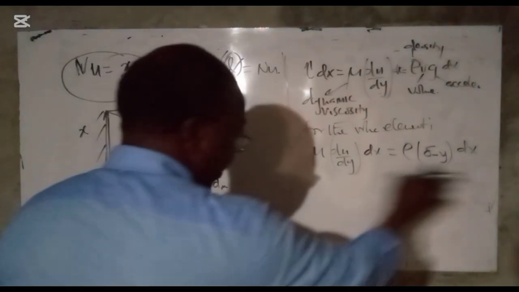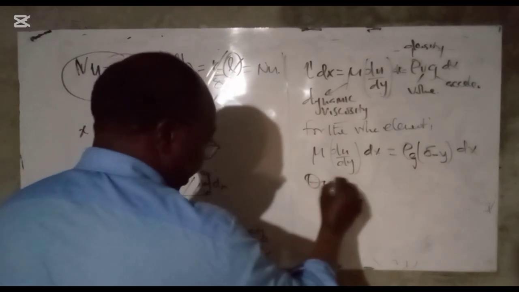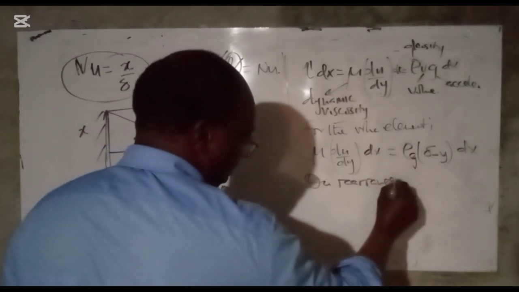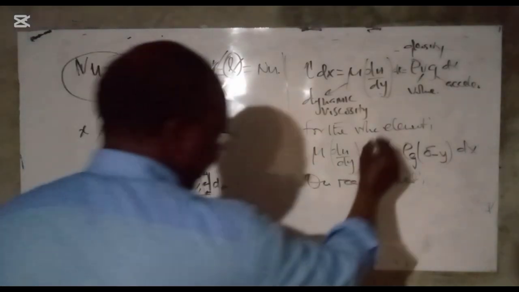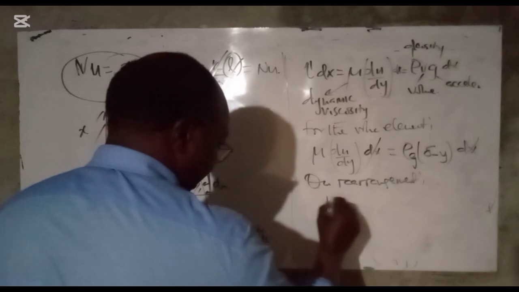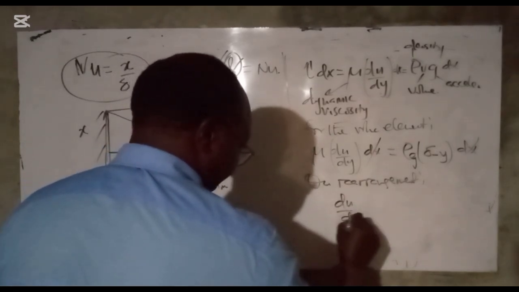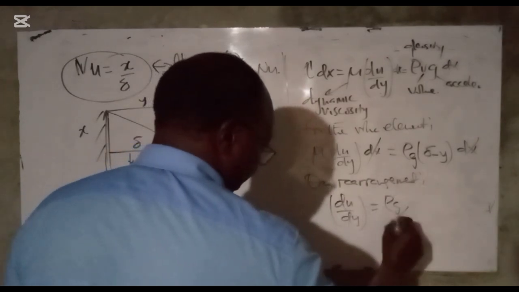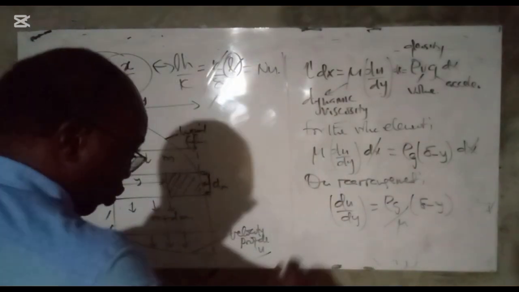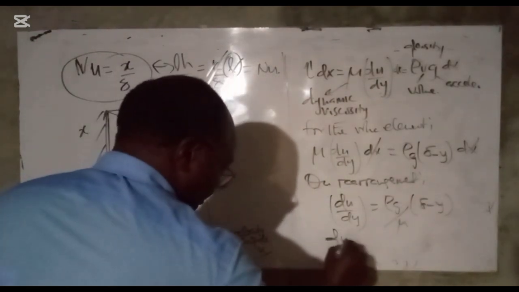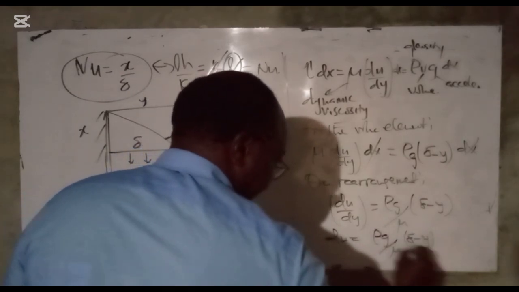And so simple rearrangement of these quantities, our g is there, on rearrangement and simplification, of course, the dx's definitely will cancel out. So we have mu du over dy is rho g times sigma minus y. And so cross multiplying, we have du equals rho g over mu, sigma minus y dy.